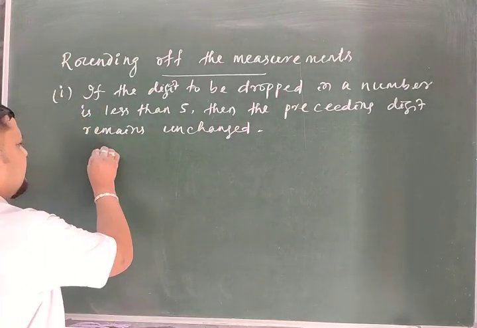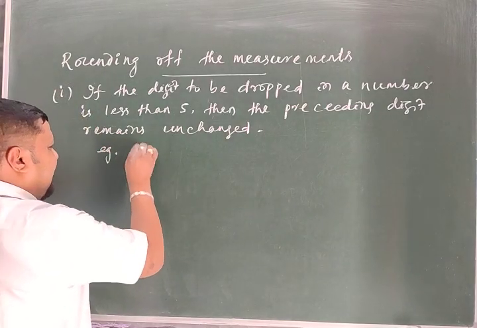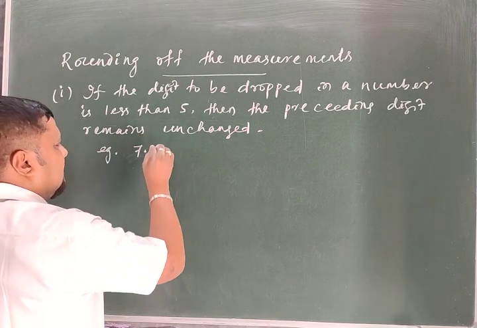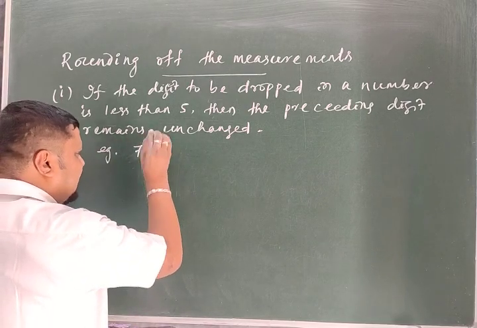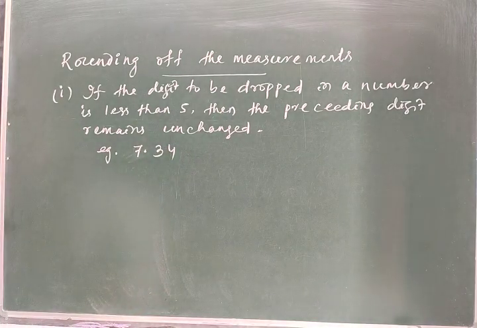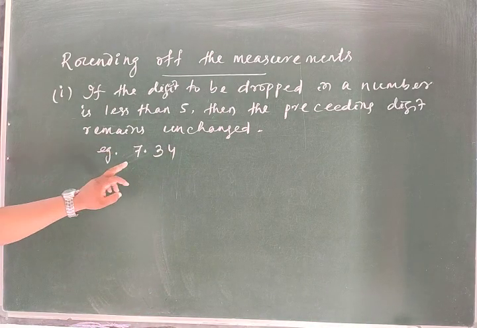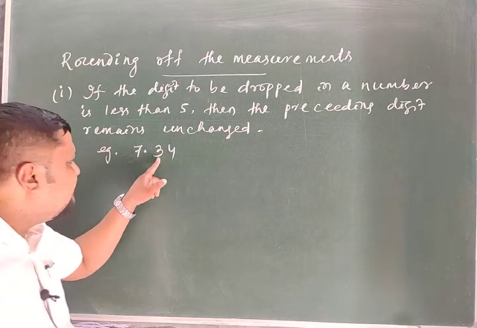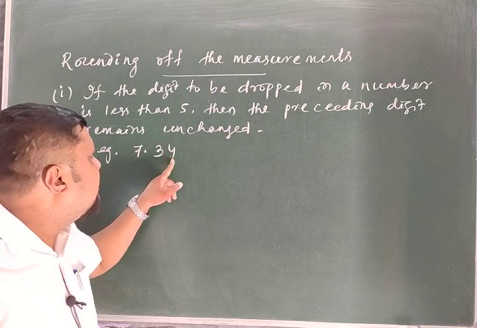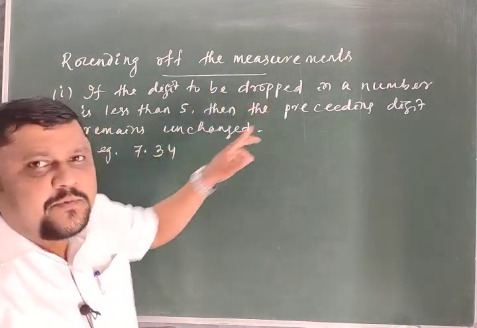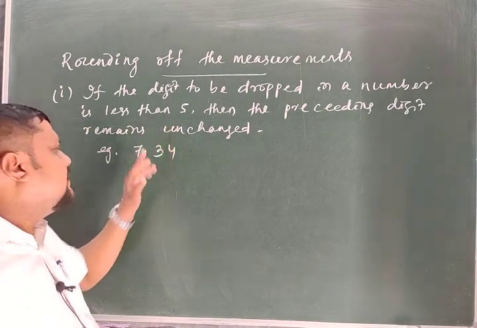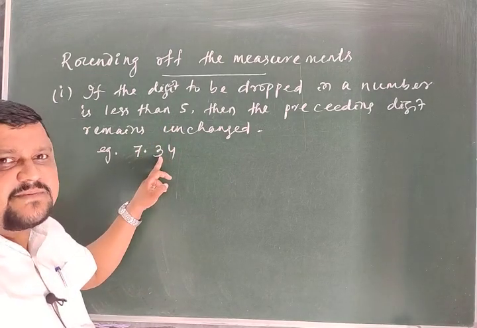Example: suppose 7.34. If I go for rounding off one place after decimal, which digit do I have to drop? 4 should be dropped, because I will go for one place after decimal.